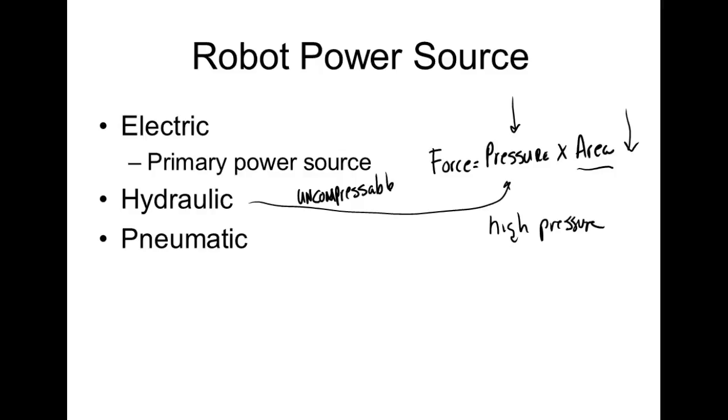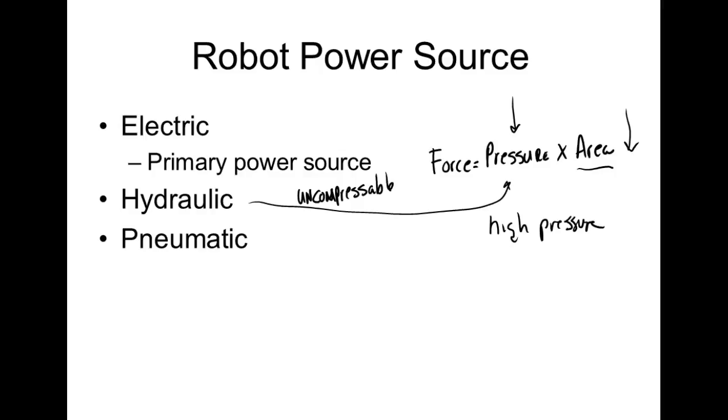You understand? So the problem we have with gases is that gases compress when we try to use them. So before you create a pressure, what do you have to do? You have to compress them. You have to get rid of that compressibility. So uncompressible means these guys here are very, very smooth.